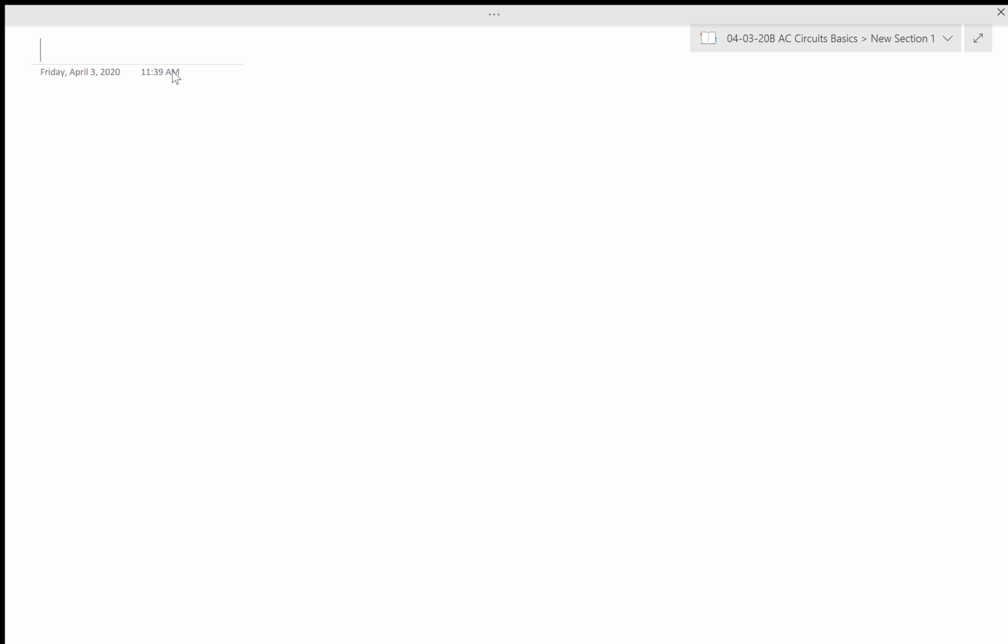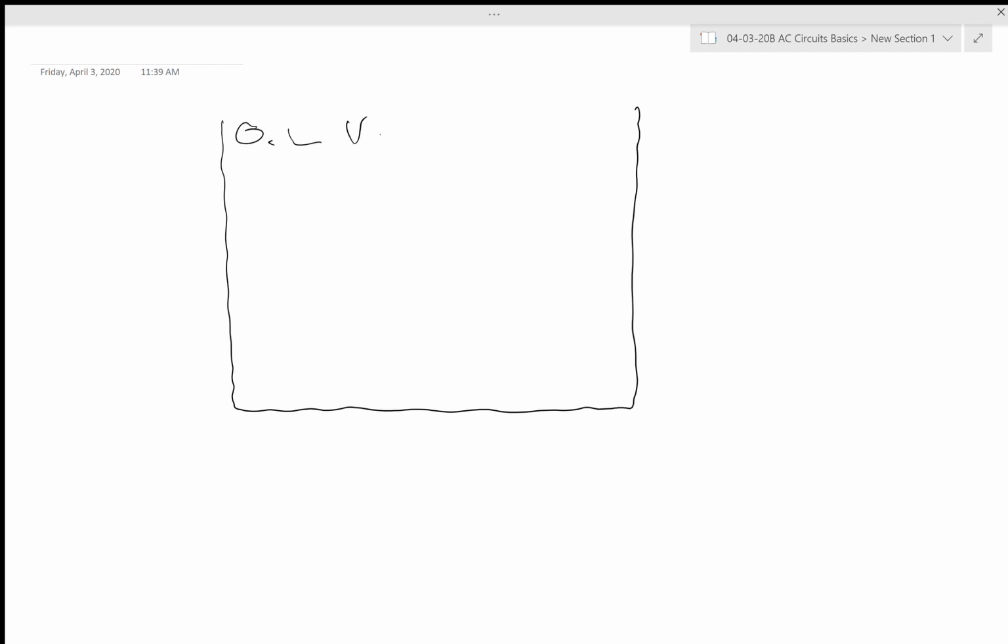And so we have a pocket full of things. Ohm's law, voltage divider, current divider. We have KVL, KCL.